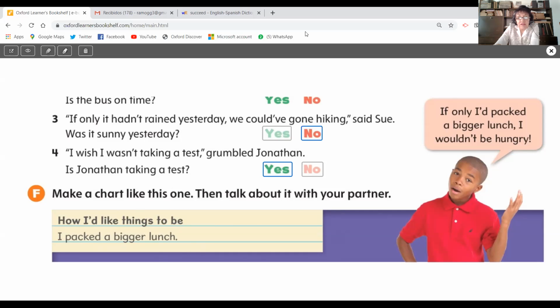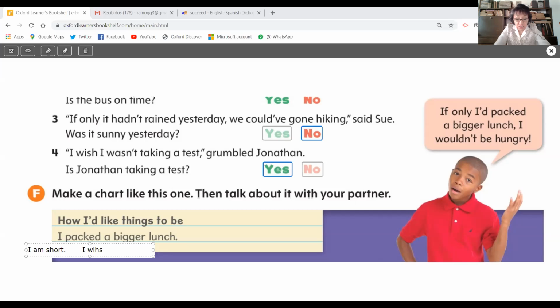Let's write one more example here. One situation in the present is, I am short. So my wish is, I wish.